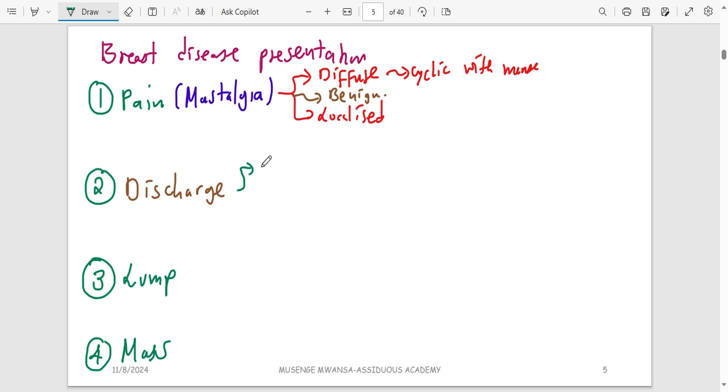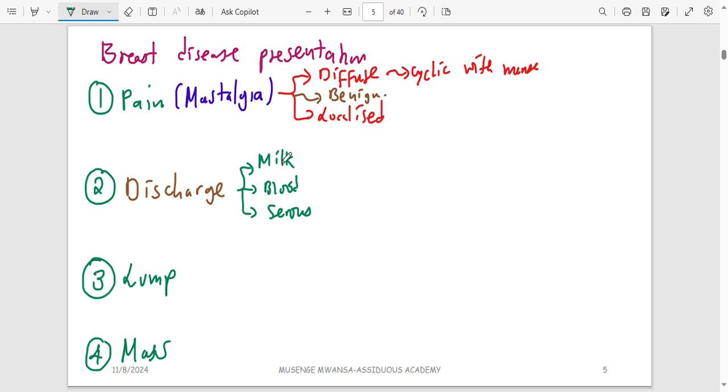Thank you so much. So the discharge that is coming out of the breast can be milk, it can as well be blood, or it can just be like liquid, which is like water, and we call that serous.